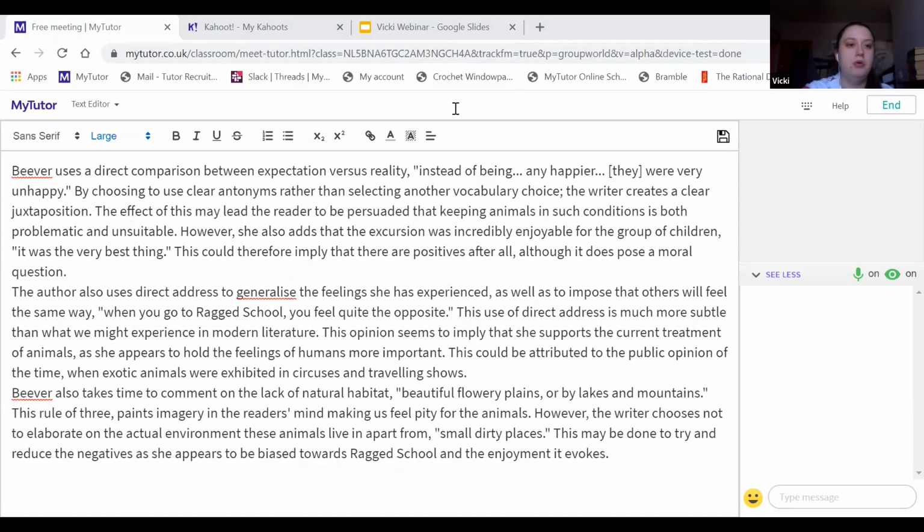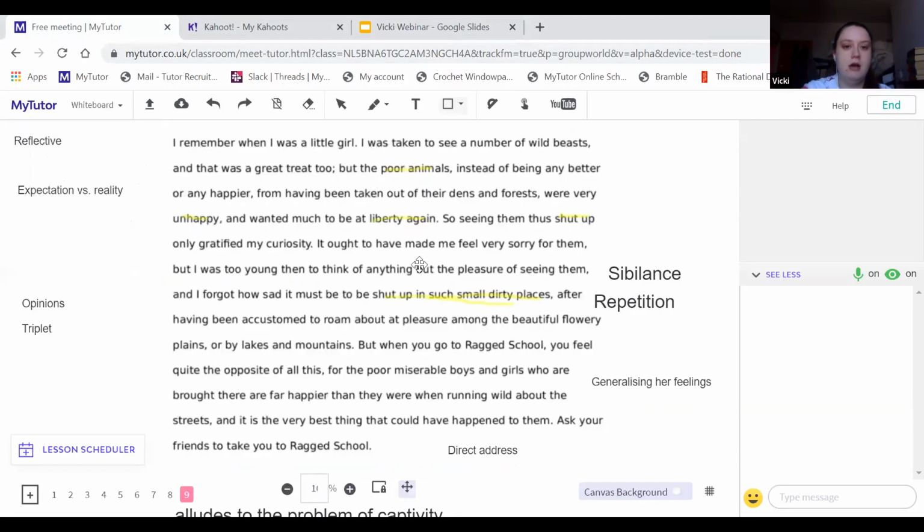So for example, here she says, but the poor animals, instead of being any better or any happier, so the idea that you would expect taken out of captivity, they would be looked after really well respected. It's actually the opposite. She says they were very unhappy. So it's just the two opposites. You can have oxymoron, which is two opposite words which are right next door to each other.